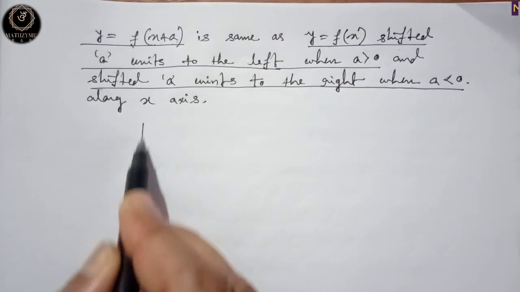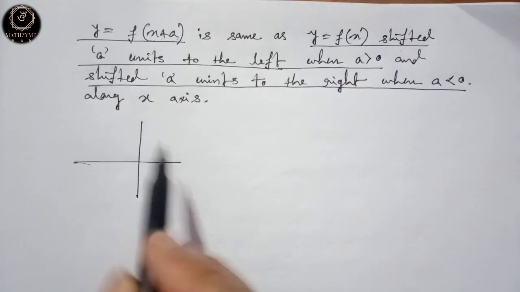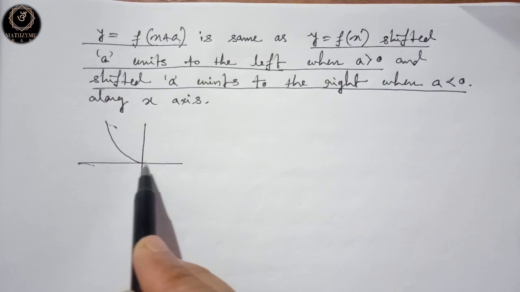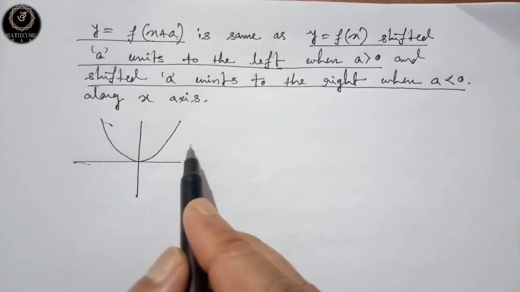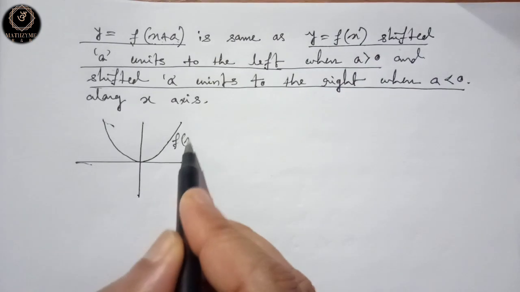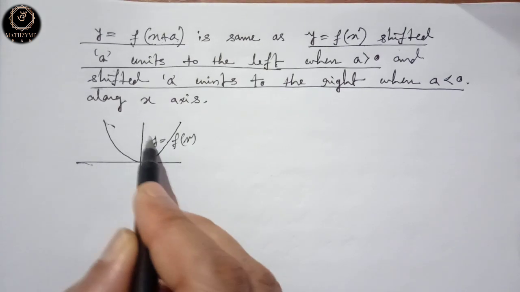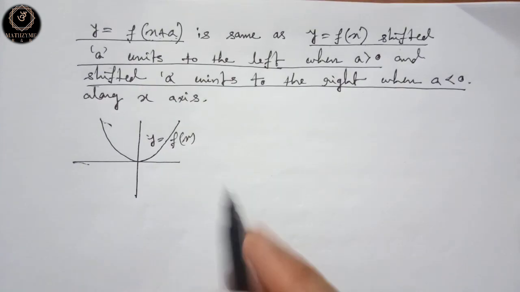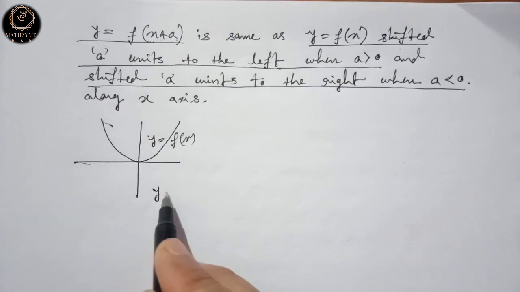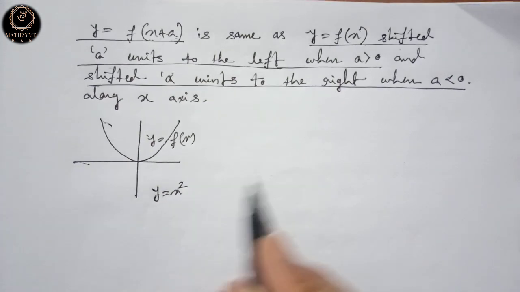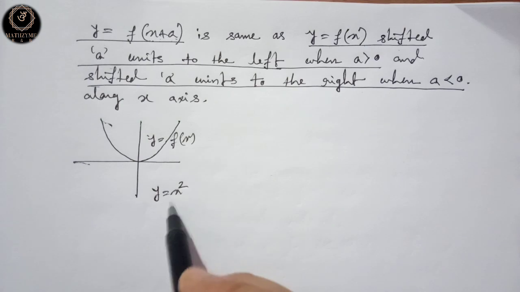For example, let this be y equals f(x). Now, let this be the y equals x squared graph. Y equals f(x), here f(x) equals x squared.